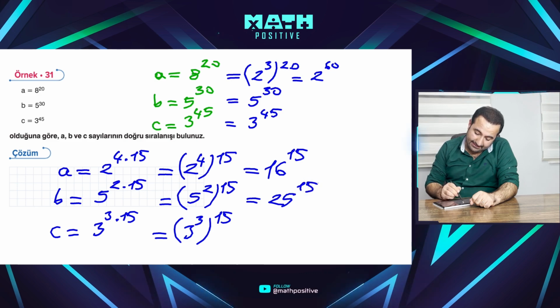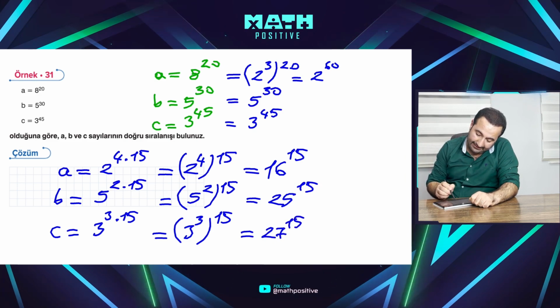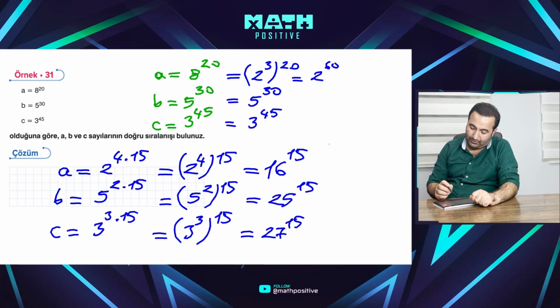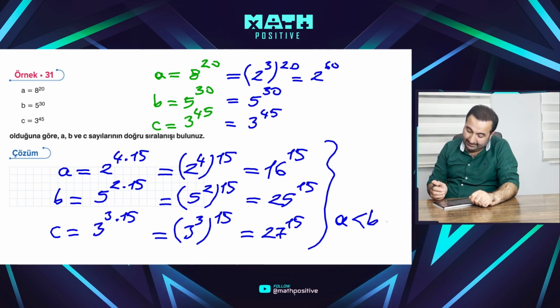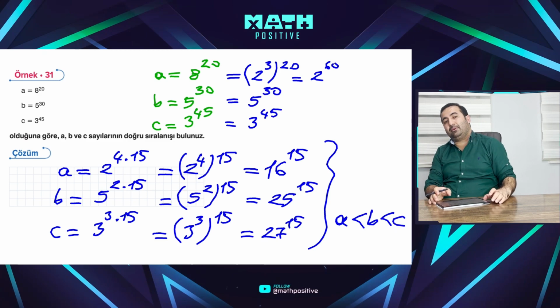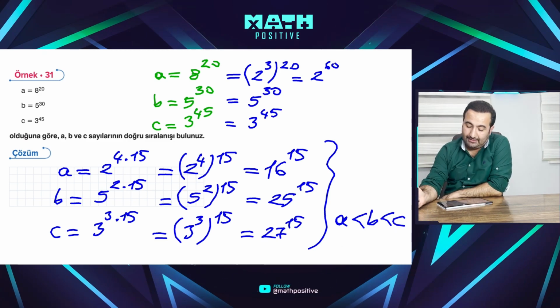Evaluating these bases, 2 to the power 4 will be equal to 16 to the power 15. The second one will be 25, which is 5 squared, to the power 15. And the third one will be 27 to the power 15. So we have our powers equal to each other from now on.